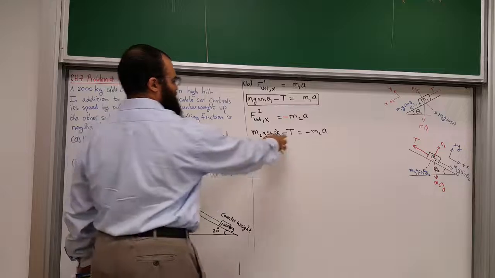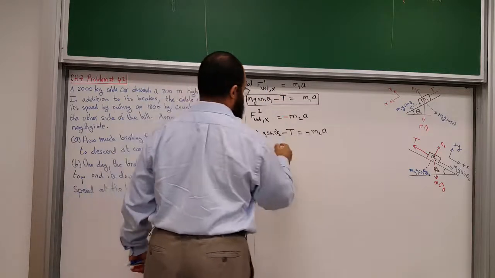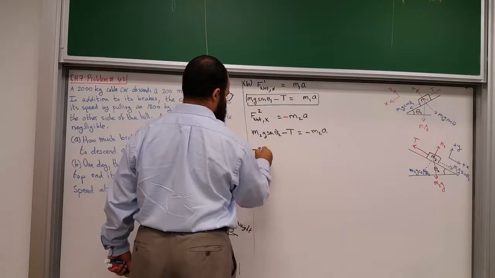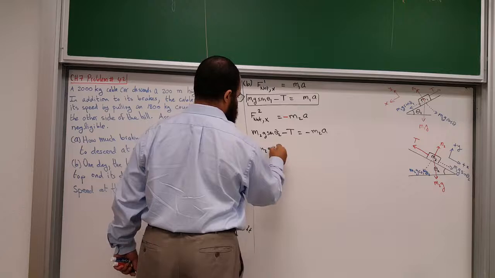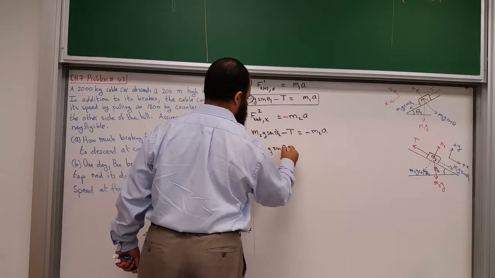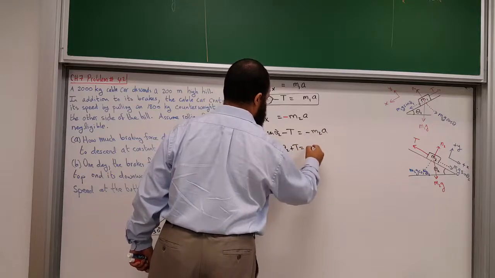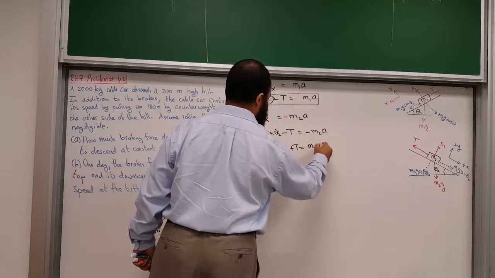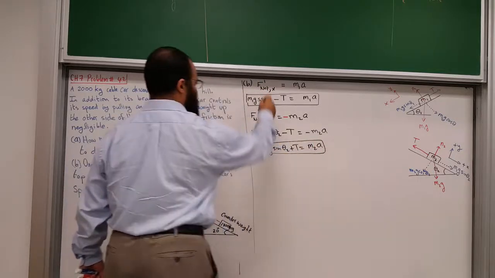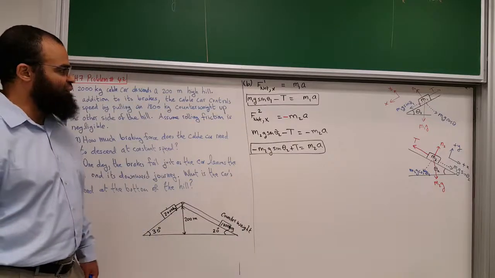Let me multiply. I see negative tension, negative tension. Let me multiply everything by negative 1 here, so we'll have positive tension. I will have m2g sine theta 2 plus the tension equal to, multiply by negative 1 also here, so you get m2 times the acceleration. So now I have this, and these two equations are basically begging you to add them, because when you add them, the tension goes away.